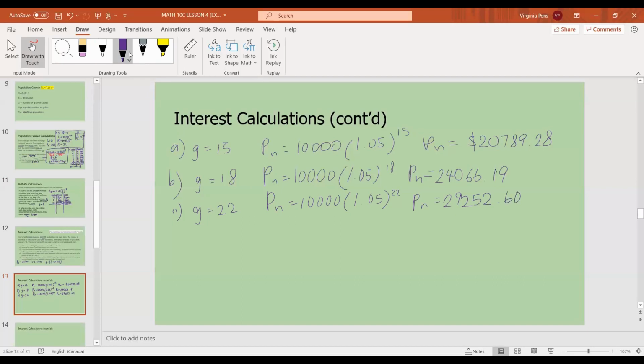Oh, nope, rounded it wrong. It's actually 61. Oh, I forgot to add dollar signs for all of these. Just know that they're dollars. All right, that's the answer for part C.